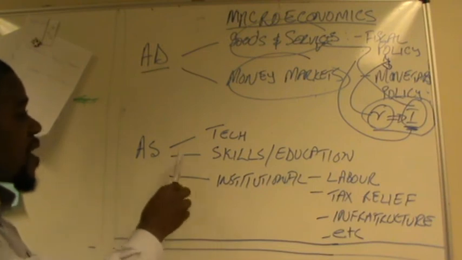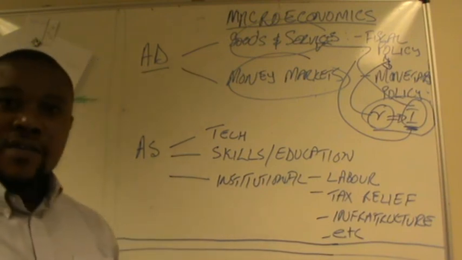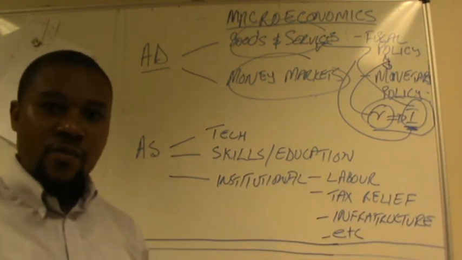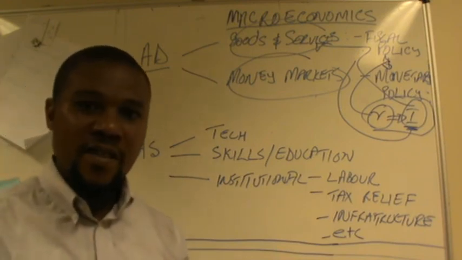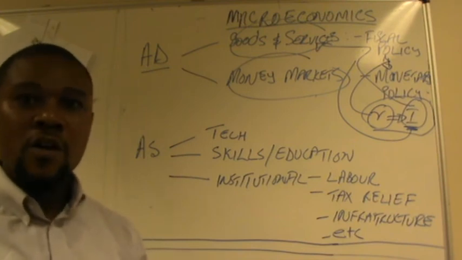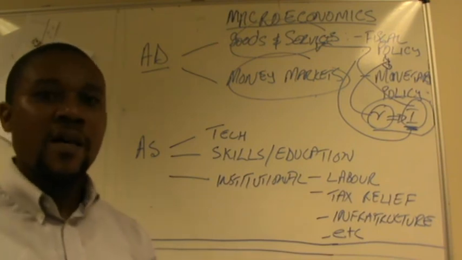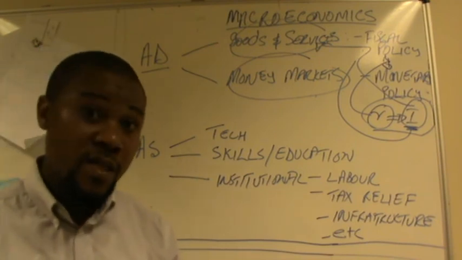And you can think of the aggregate supply side of the economy as those ideas that were promoted in the 1970s and 1980s by Reagan and Thatcher on supply side economics. Supply will generate its own demand.